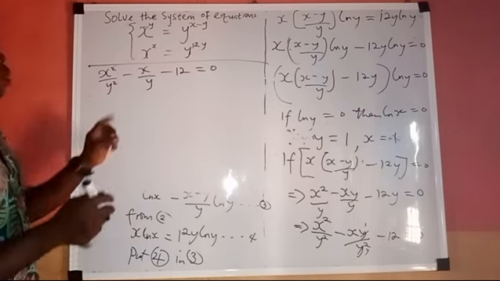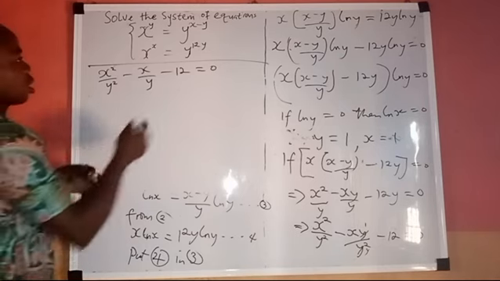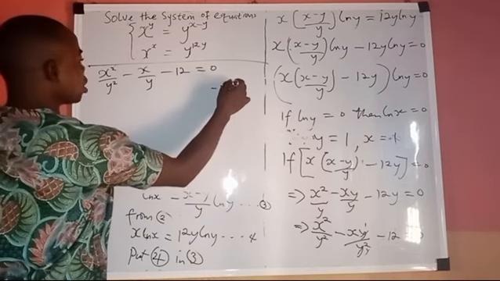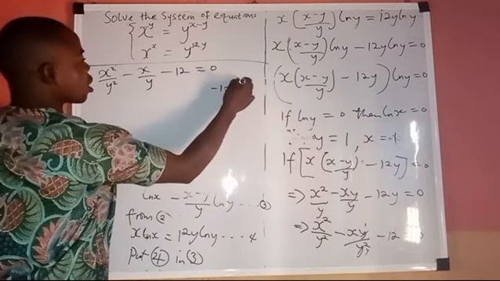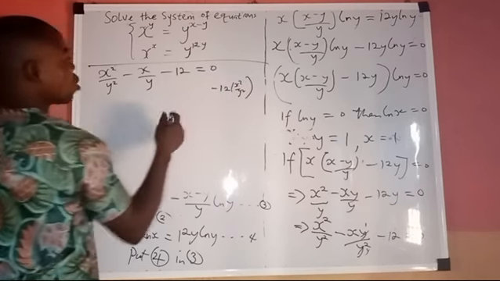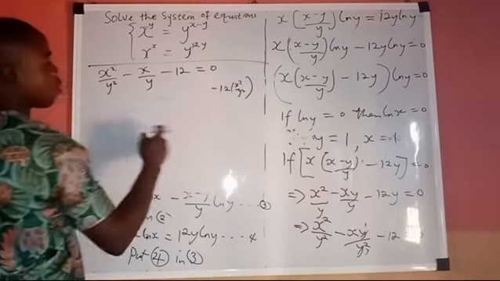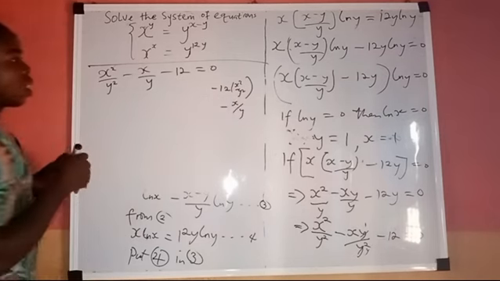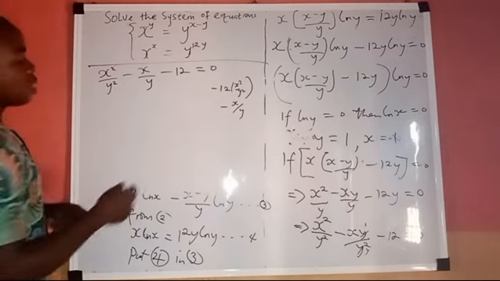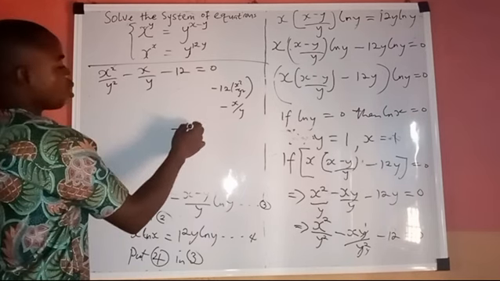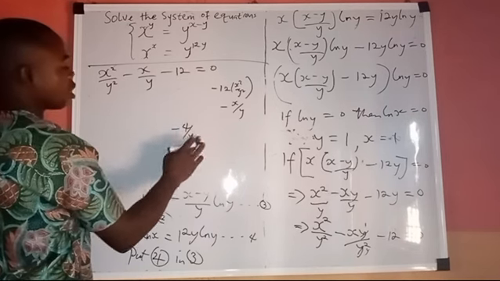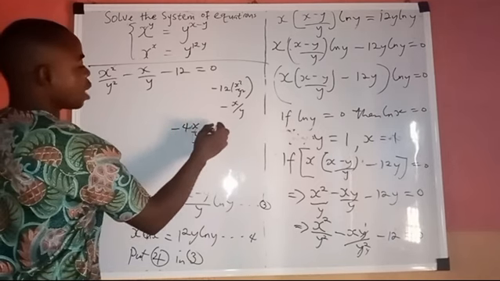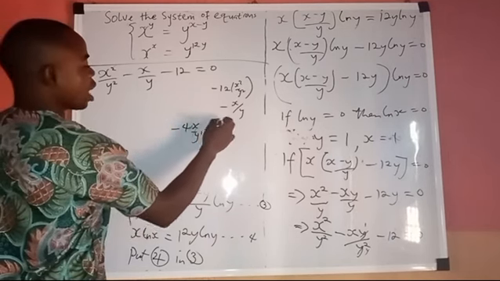So we look for two factors of minus 12 x squared over y squared that, when we add them, are going to give us minus x divided by y, and it is not far-fetched. You see that minus 4x over y and plus 3x over y.